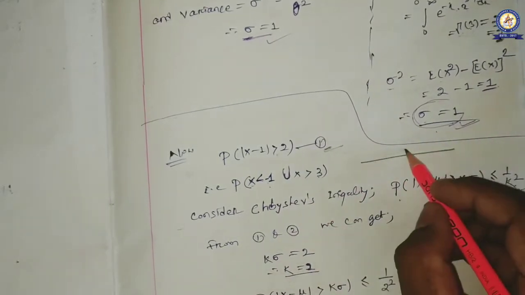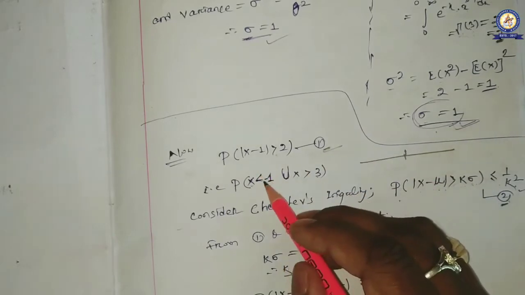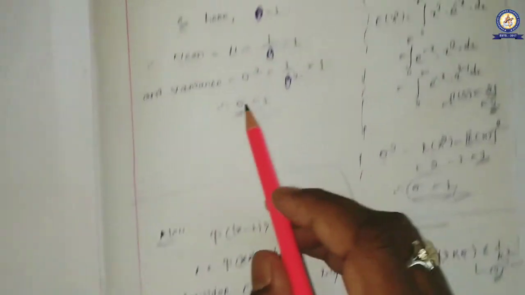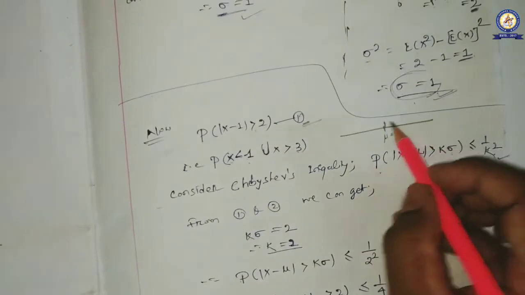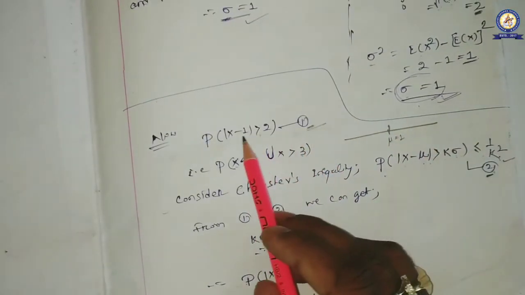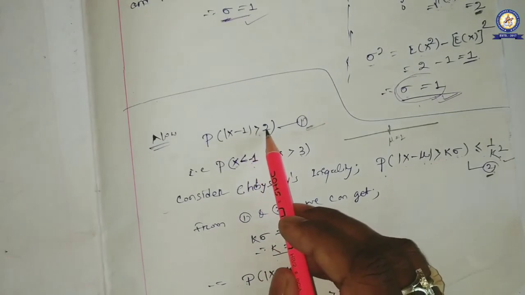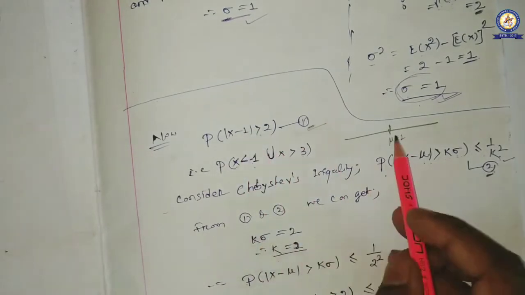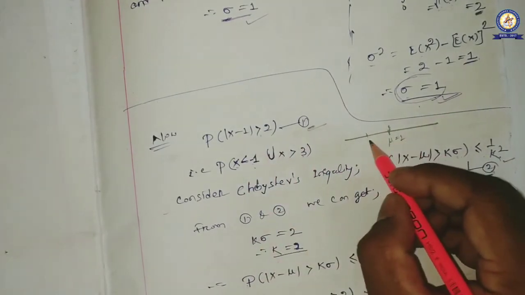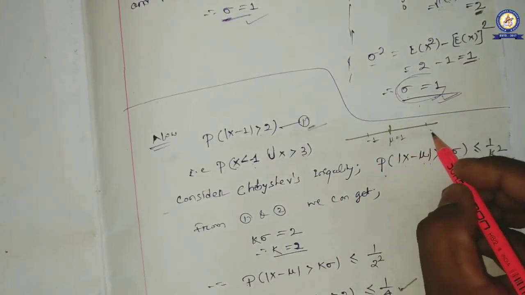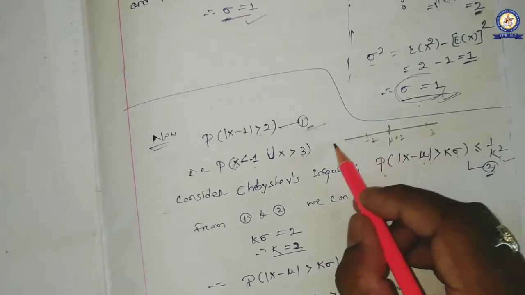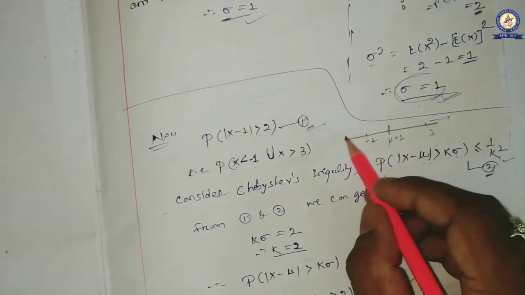If this is your mean, which we found equal to 1, then mod x minus 1 greater than 2 means 1 minus 2, which is minus 1, and 1 plus 2, which is 3. So beyond this and beyond this, what will the probability be? That is what has been asked.